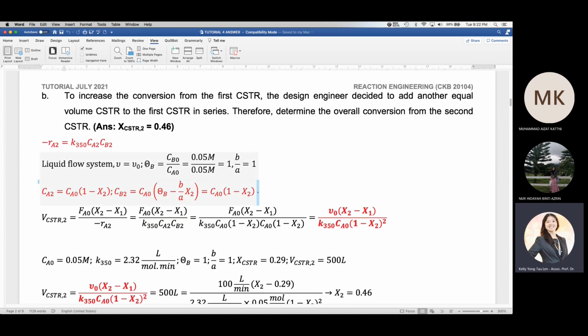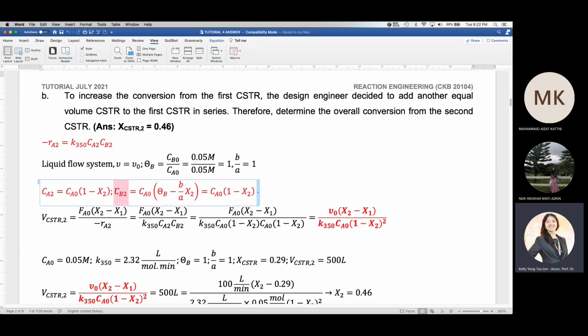Lepas tu theta B, kamu kena tahulah kalau kamu lupa, theta B is the initial amount of B over initial amount of A. In this case, since they give us the initial concentration of B and initial concentration of A, we can use this equation. So, theta B sama dengan CB0 per CA0. Okay, so 0.05 divided by 0.05, theta B we get 1.